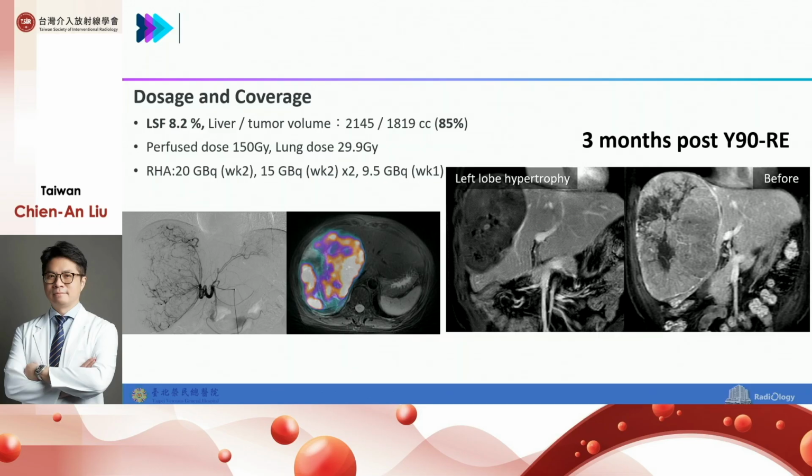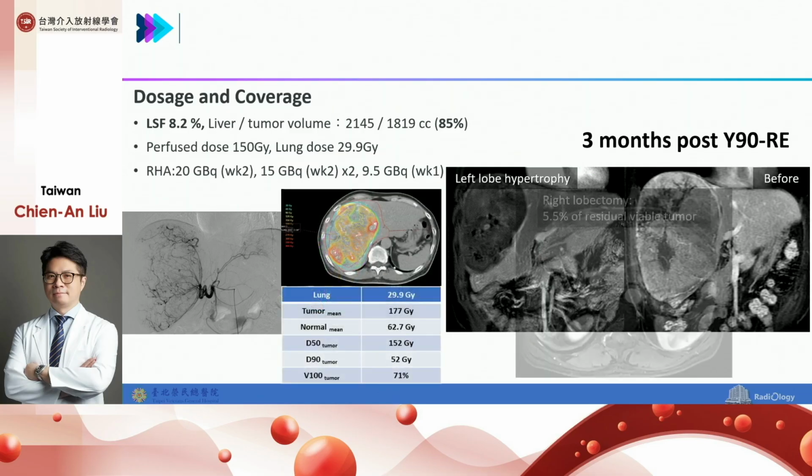So in this case, we administered different doses to the tumors. Three months later, you can see that the left lobe hypertrophied and the right lobe shows partial response.